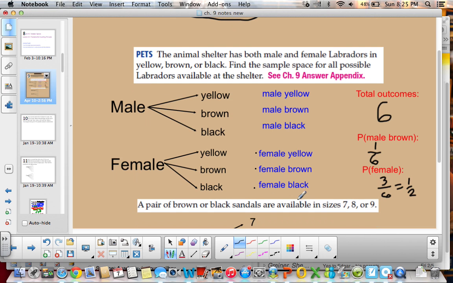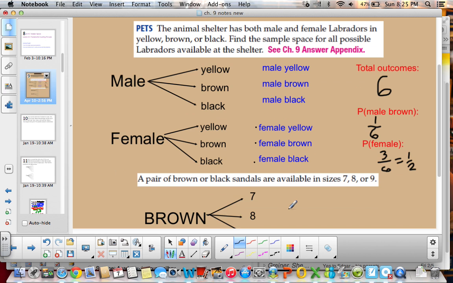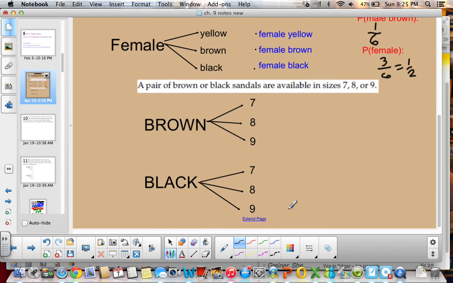If there's a pair of brown or black sandals that are available in sizes 7, 8, or 9. Here's another example of a tree diagram. You can pick brown or black, and they both come in 7, 8, or 9. So we know then that we can have brown 7, brown 8, brown 9, black 7, black 8, black 9.